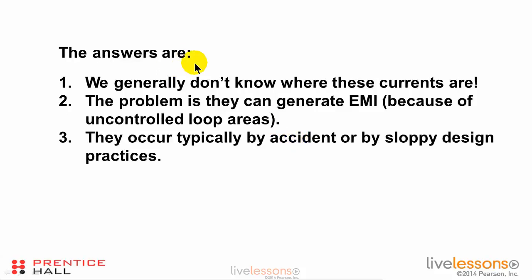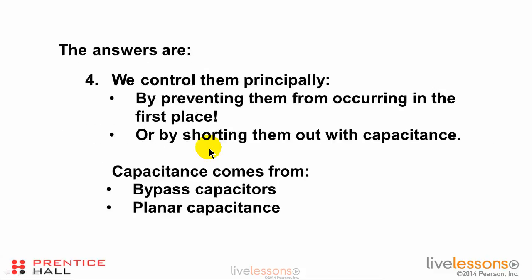And the answers are, and maybe not fully satisfactory, we generally don't know where these currents are. That's the problem. And the problem is they can generate EMI because we now have uncontrolled loop areas. They occur typically by accident or by sloppy design practices, and throughout the remaining lessons we'll talk a little bit about how that can happen.